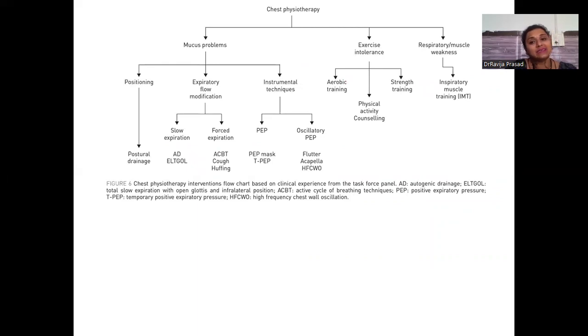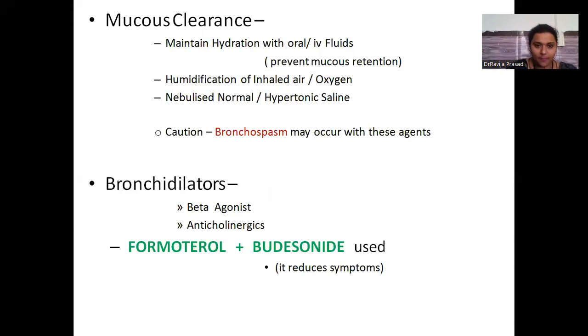You need to understand the exercise interval and how much exercise is needed. The patient's attendant should be counseled by the therapist in which manner physiotherapy and exercises should be given.